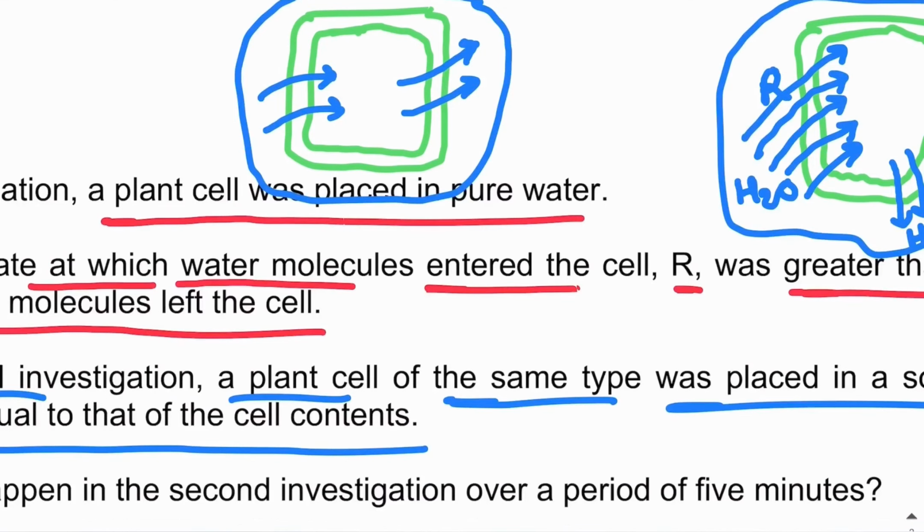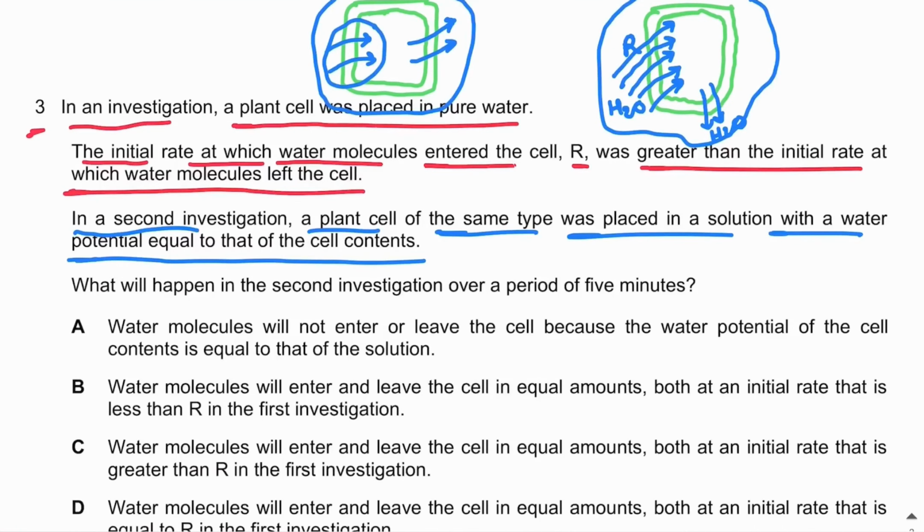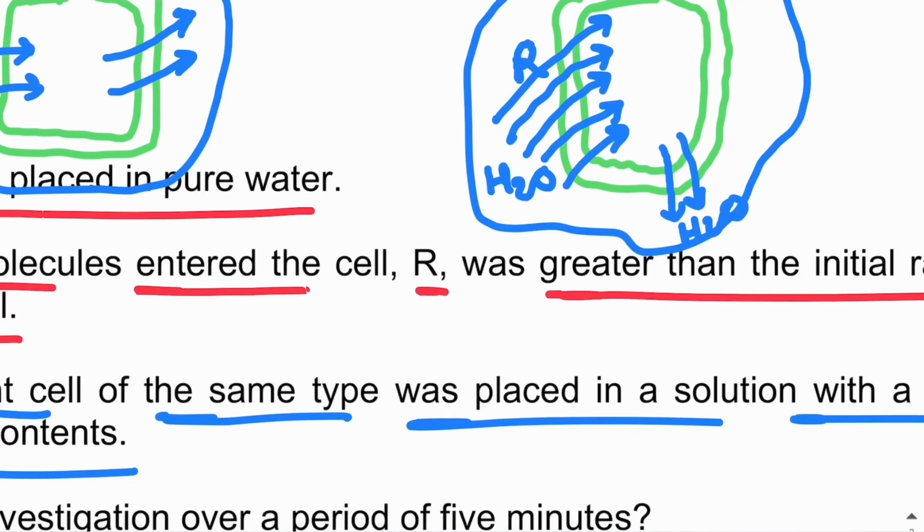So there will be no net movement of water into or out of the cell, and obviously the rate of movement of water into this cell will be lower than R, and R was the rate when water was moving into the cell when the cell was placed in pure water.